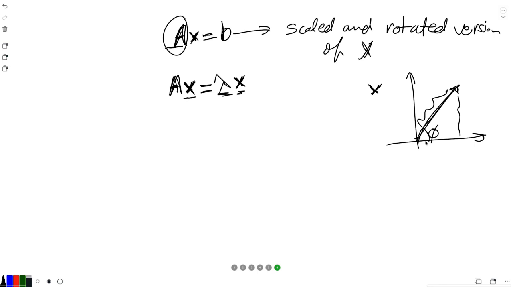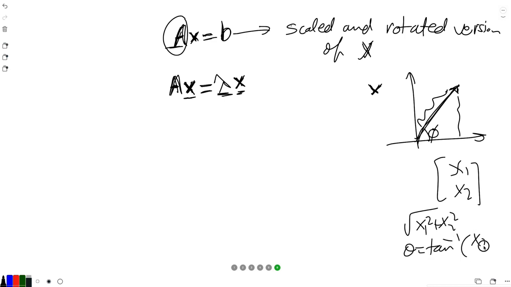In 2 dimensions, for example x1 and x2, the length is the square root of x1 square plus x2 square, and the angle theta is the tan inverse of x2 divided by x1. So we know that, and this x represents the magnitude and direction.